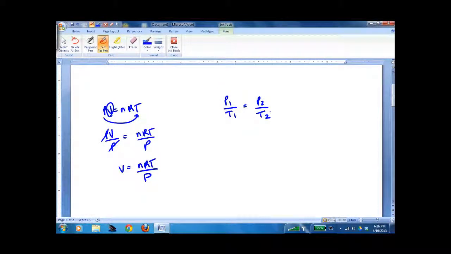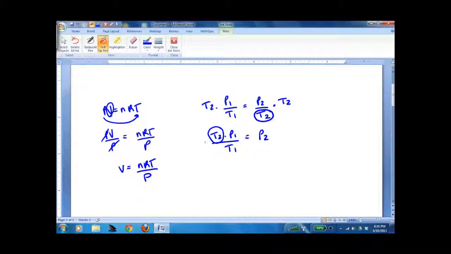Let's solve for T2. We need to get the T up top, so we're going to multiply both sides by T2. Okay, and now we want to isolate this T2.